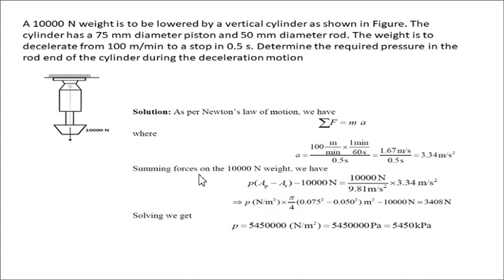In this particular case the effective area will be the rod end side area of the piston, since we need to find out the pressure at the rod end side. So here these values are put, then we come to know that P is equal to 545 into 10 raised to 4 Pascal, that is 5450 kilopascal.